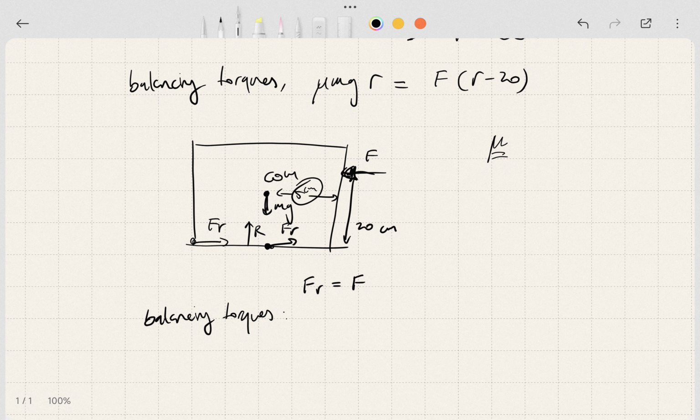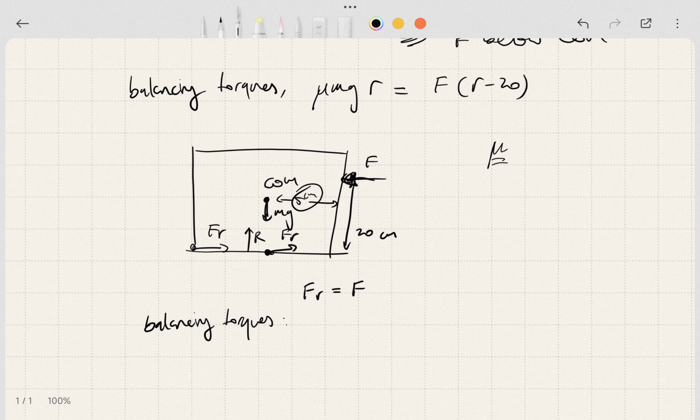I have no idea why you'd even have that 5 centimeters in the first place, but never mind. Okay, so is there a way of resolving the forces, resolving the torques, and using the 5 centimeters?